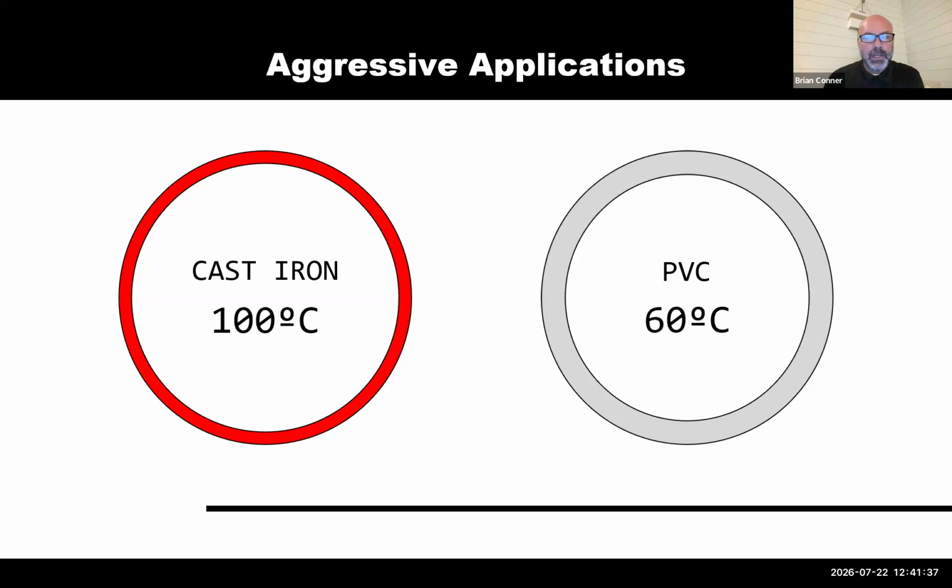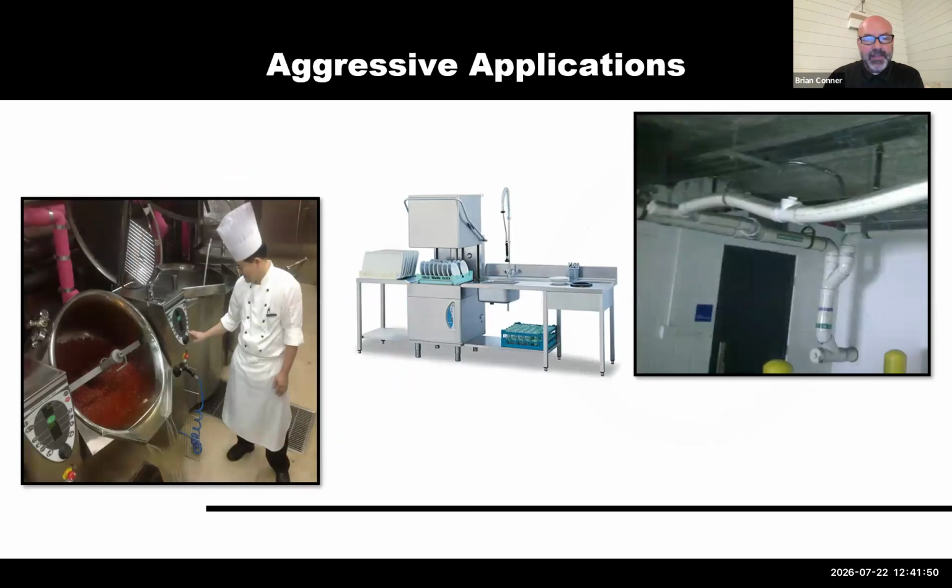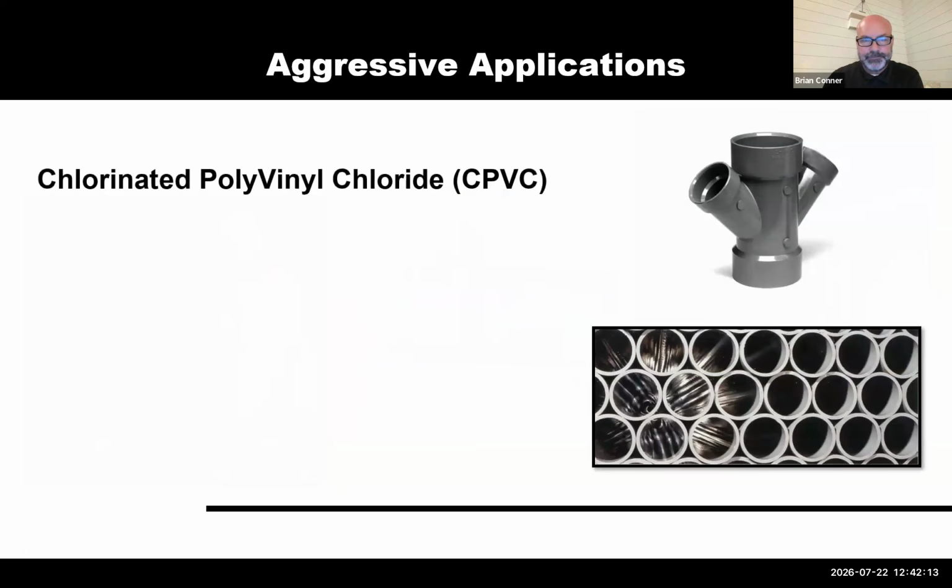So this is important to note because the strength of PVC is adversely affected with the increase in temperature. And inside these aggressive applications, this is something that we've seen folks not really account for. Here, obviously, they did not use proper support spacing, but you see over time the system bending here, and this was receiving discharge from a steam kettle in a commercial kitchen.